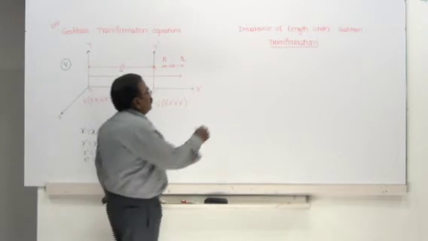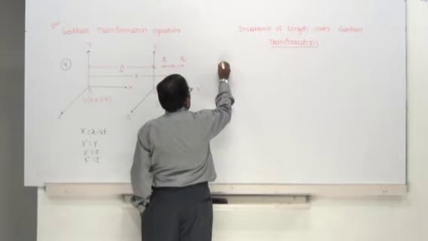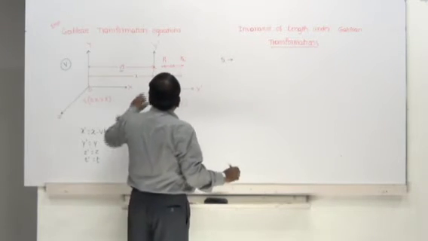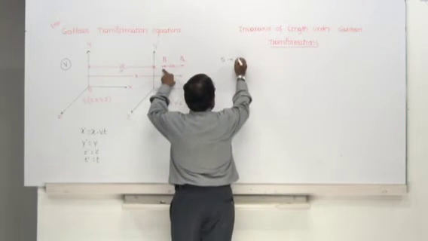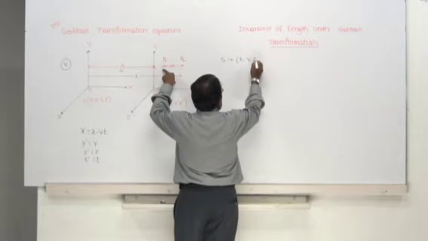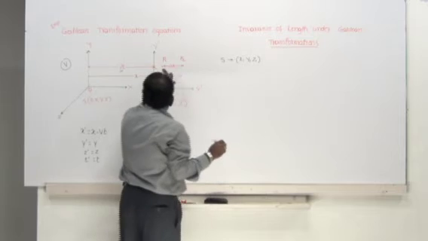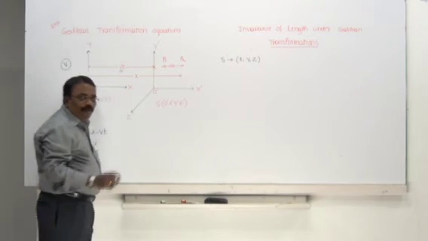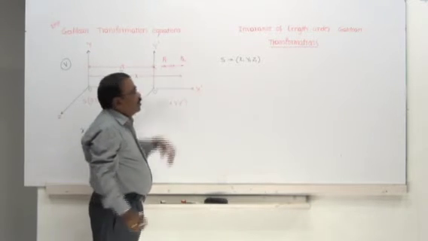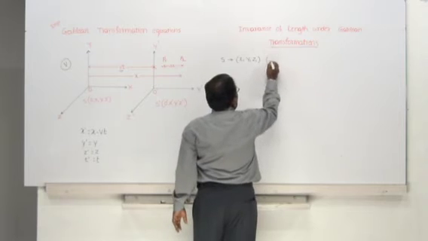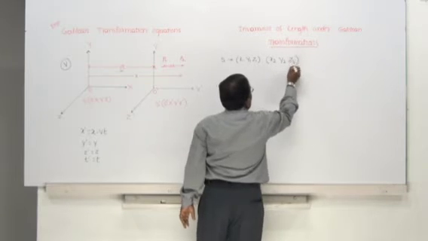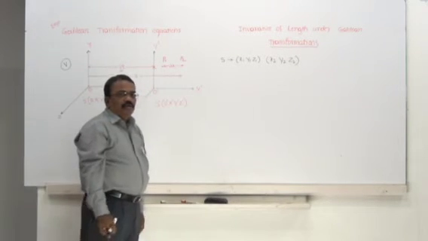So for S frame of reference, we have, for point P1, I can write the coordinates as x1, y1, z1. And for S frame only, for another point P2, I will write x2, y2, z2.